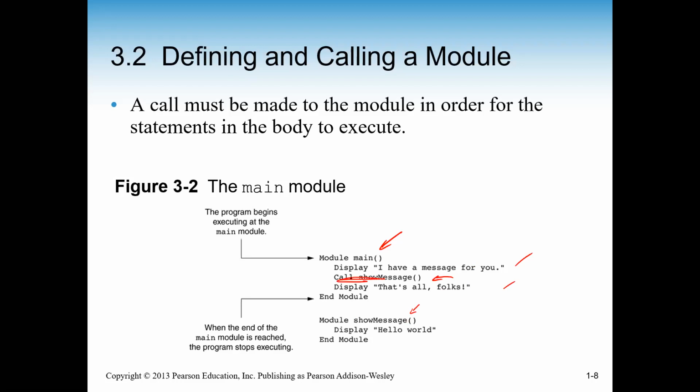If that was not there, then even though you have this code, the program won't give you an error. It will just ignore that function. So it's not going to display hello world. It will only display, I have a message for you, and then it's going to display, that's all, folks. Because you didn't call the function, even though it was defined.